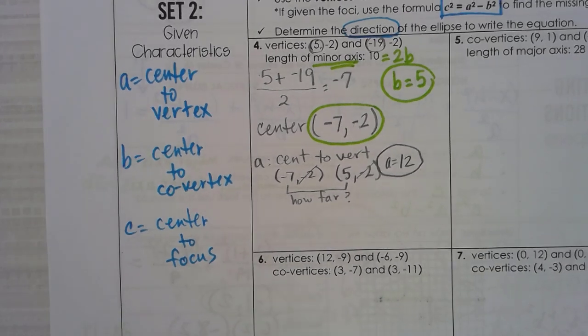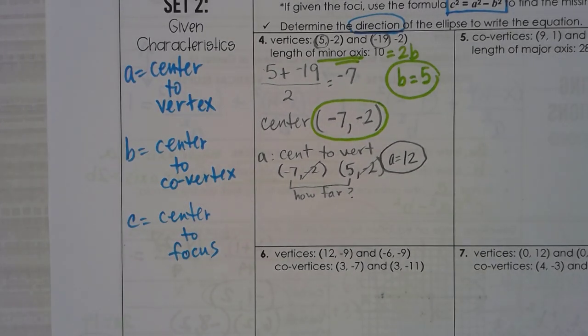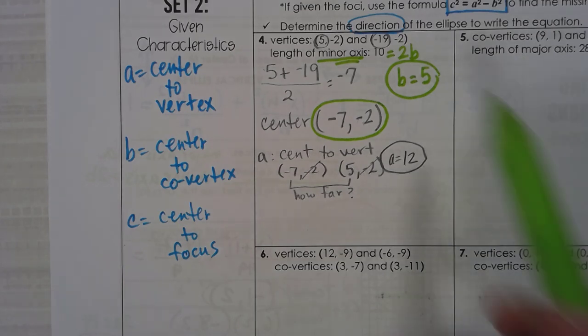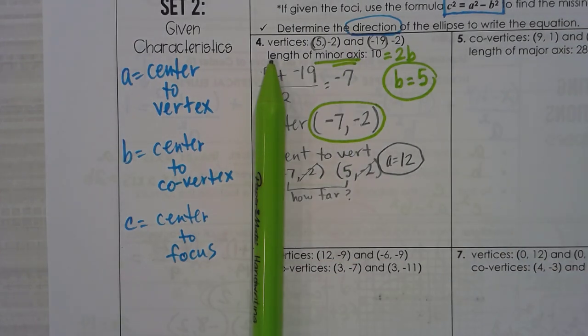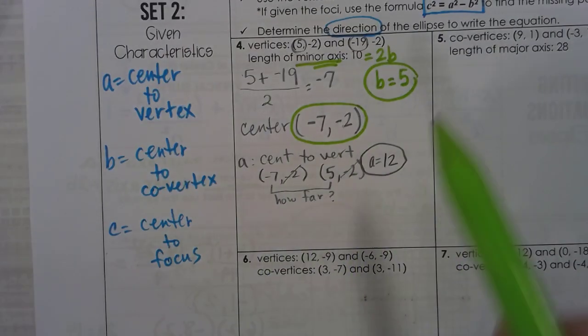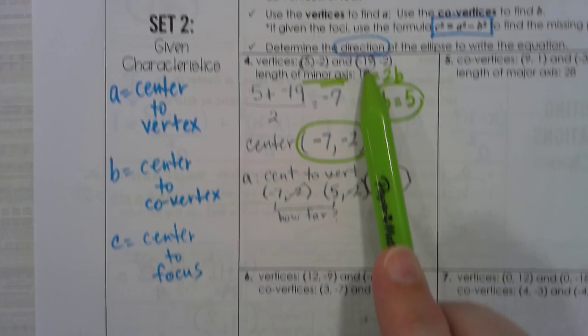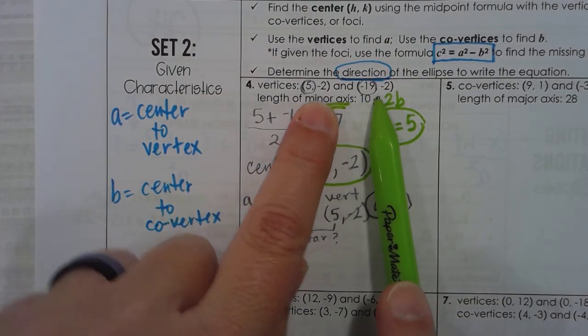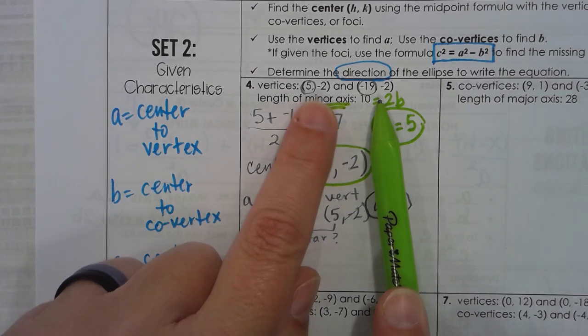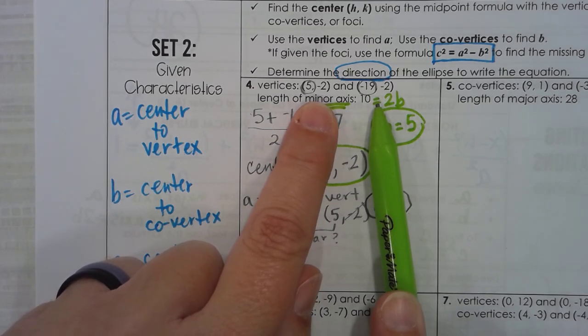The last thing we need is our direction. Okay, so on this, the direction of our ellipse is determined by a couple things, right? The vertices are the ends of that longer part, right? Whichever way they go, the vertices are at the ends of it. Are you all with me? This is like the most important part right here. So the direction is going to be determined by whichever number changes.